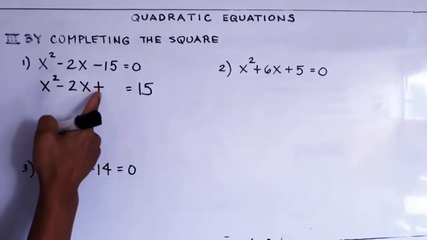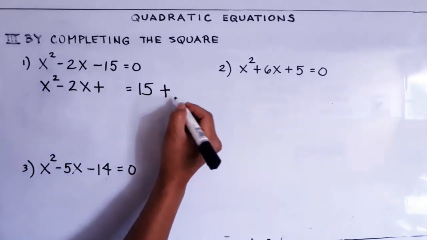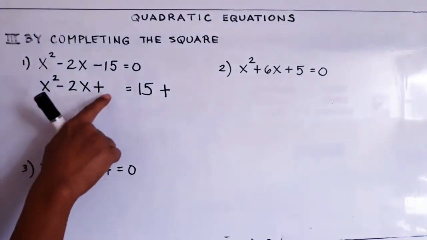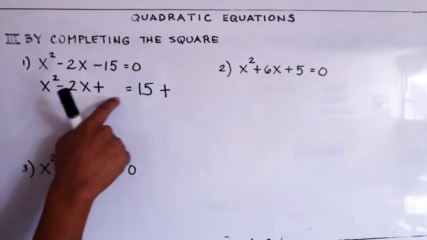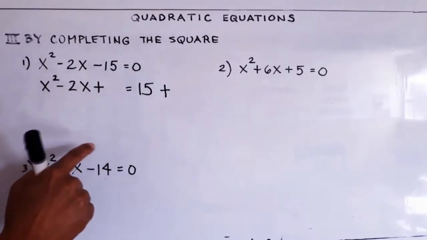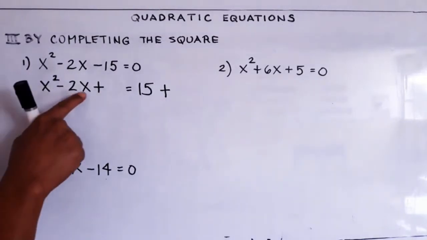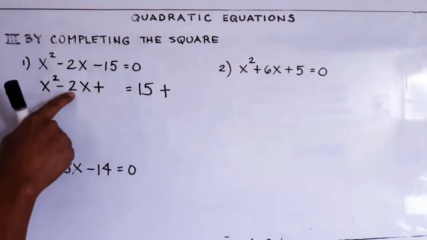So if we add something here, we will also add that something here, to make it balance. But what is the number that we are going to add here so that this trinomial is now a perfect square trinomial? To do that, we'll get the numerical coefficient of the middle term x, which is 2.